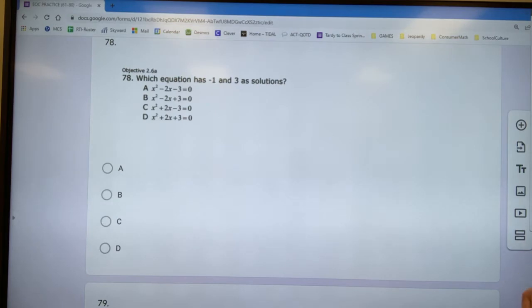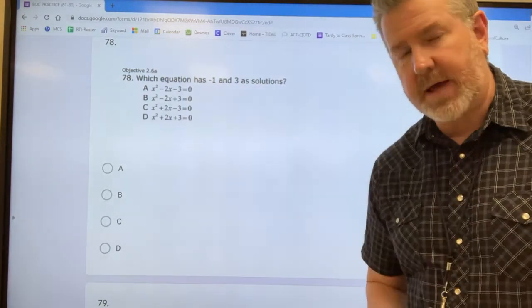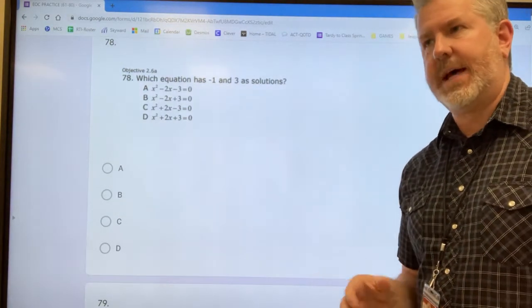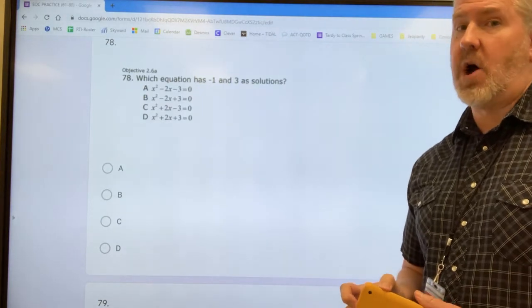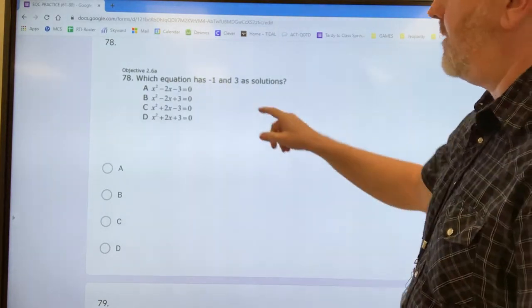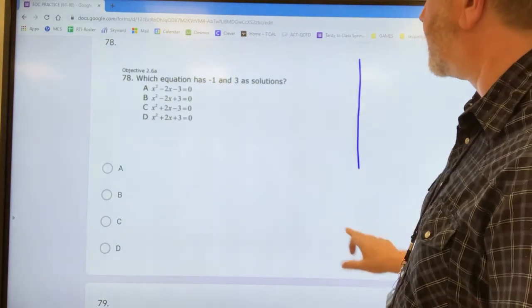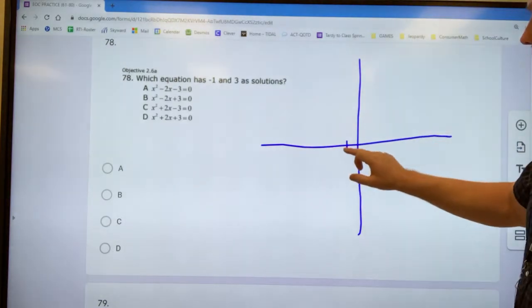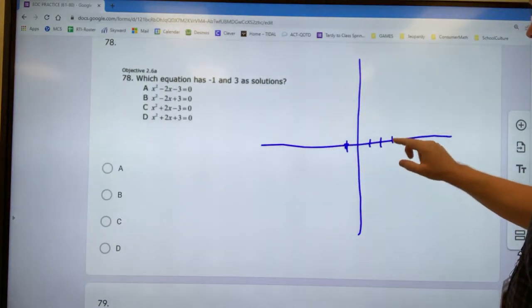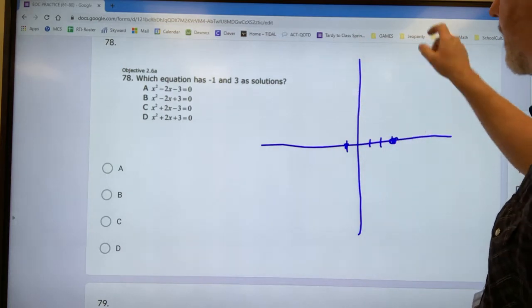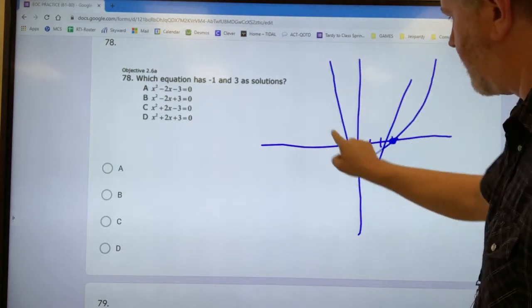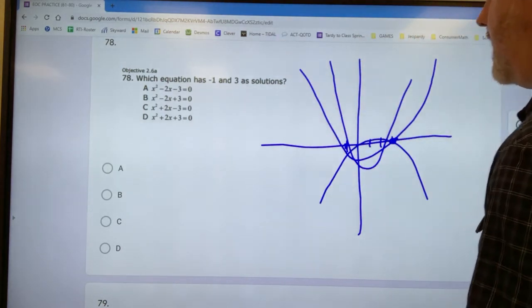We didn't talk about this. We had a problem like this already on one of the sets, but we didn't really talk about this a lot. If -1 and 3 are the solutions, if those are the zeros, we don't really know what the thing looks like. Maybe it looks like this, or it looks like this, or maybe it's even upside down. It doesn't really matter.